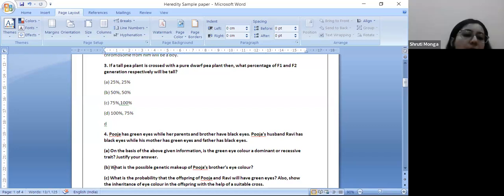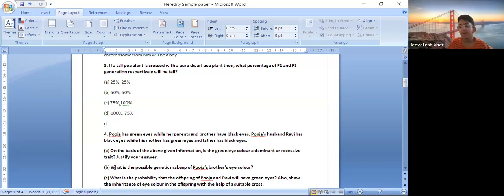Yes, Jivtesh. As per the passage, I think that the green eye color is the recessive trait, which is visible in only few people, because we can see that black is seen more number of times compared to the green one.